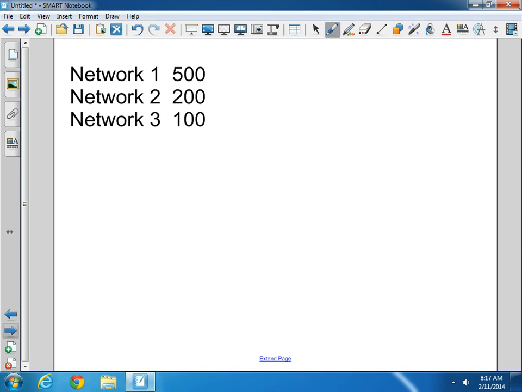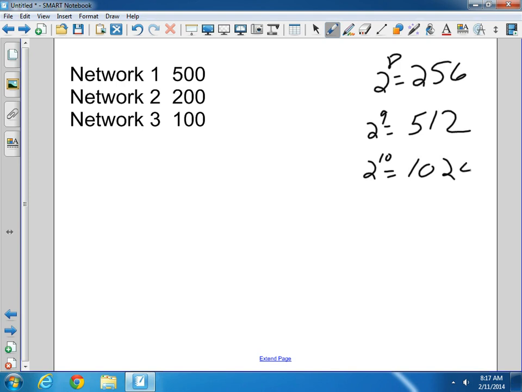Anything over 255, we're going to have to borrow more zeros than 8, because 2 to the 8th is 256, 2 to the 9th is 512, and 2 to the 10th equals 1024.